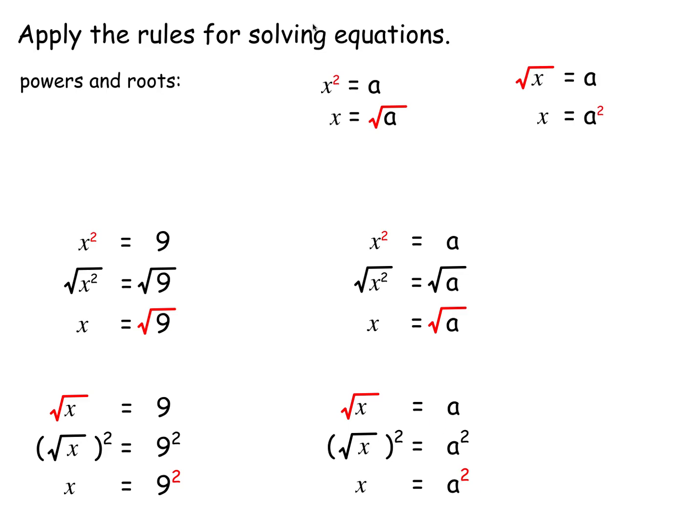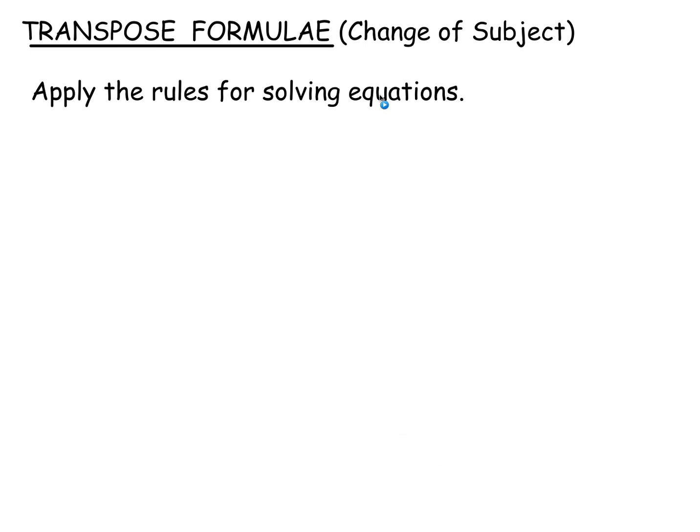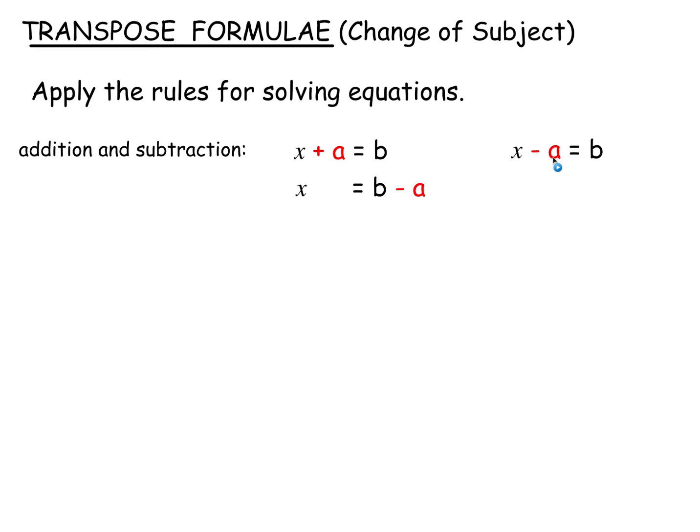Here are the rules. Squaring on the left, square root on the right. Square root on the left, square on the right. So these are inverse processes. Again, they're easily remembered. They're summarised here as adding a, other side subtract a. Subtract a, other side add a.